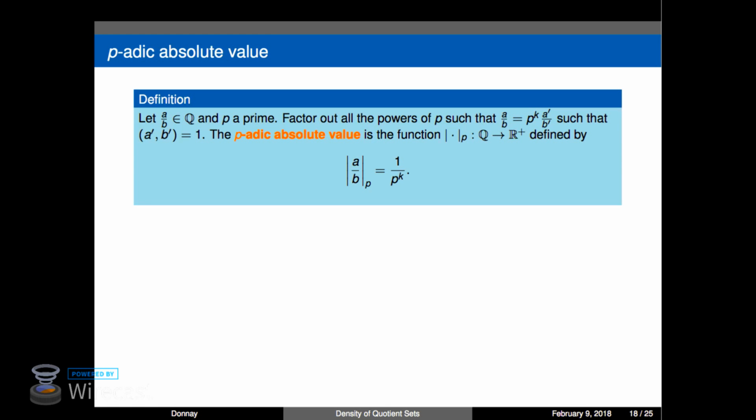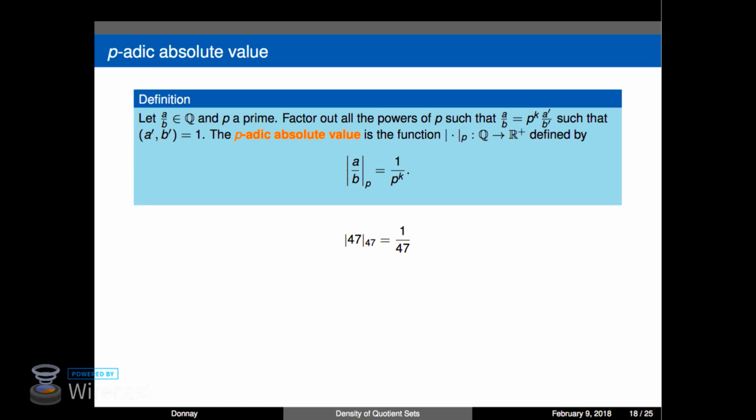So the more powers of p you have living inside of you, the smaller the p-adic absolute value actually gets. And likewise, if you have very few powers of p, the absolute value function gets bigger. And that's really counterintuitive to us, because we're used to, as elements get really, really big, they're really, really big. But here, when our elements are big, they're actually going to be very, very small.